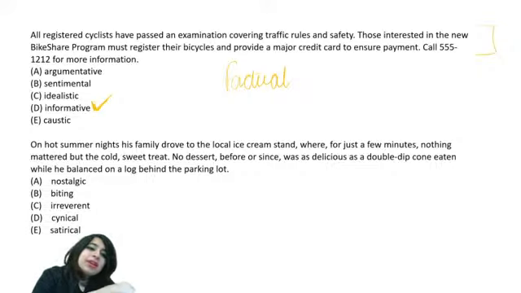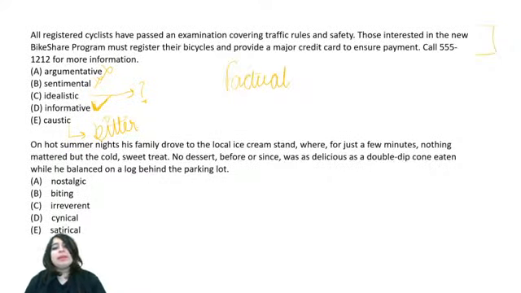We can't say that there were any arguments happening, nothing to do with sentiments, nothing idealistic over here, and caustic is bitter. What do we mean by caustic? Something bitter. So nothing bitter is happening. The main objective of the passage looked like it wanted to give us some information. Like it's just giving basic information. It was facts. So that is why we have marked D as the answer.